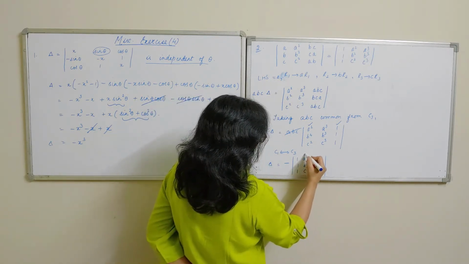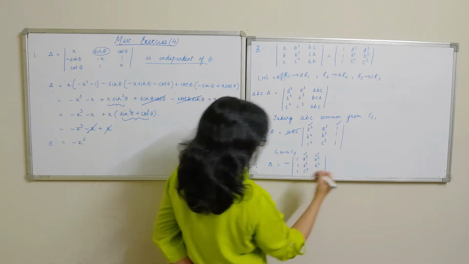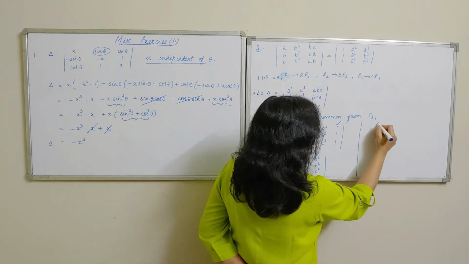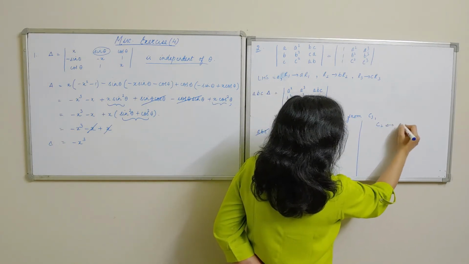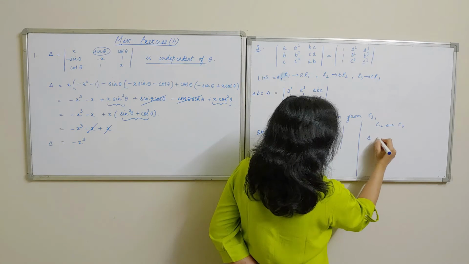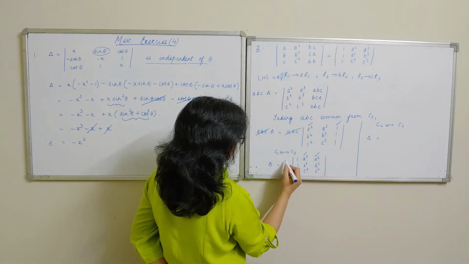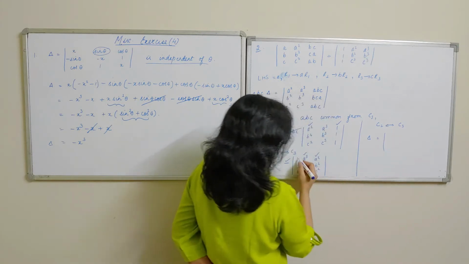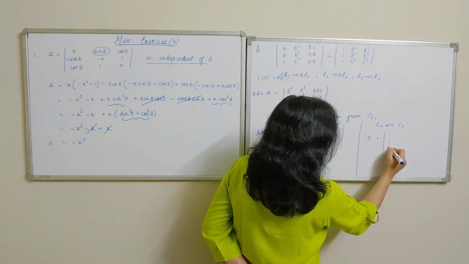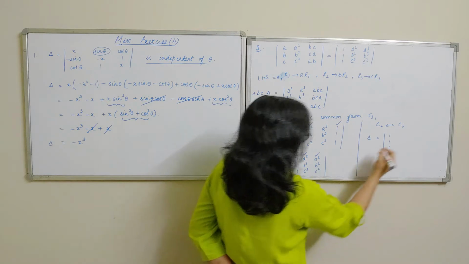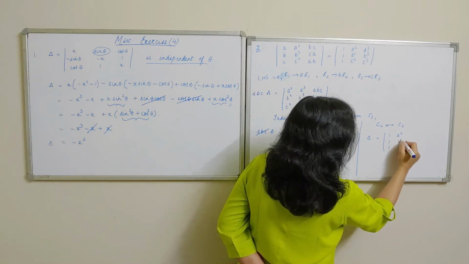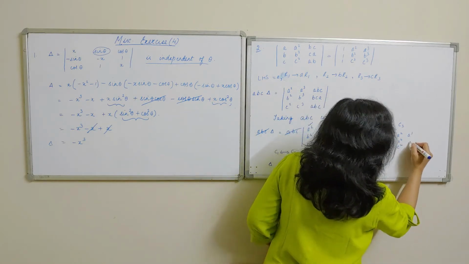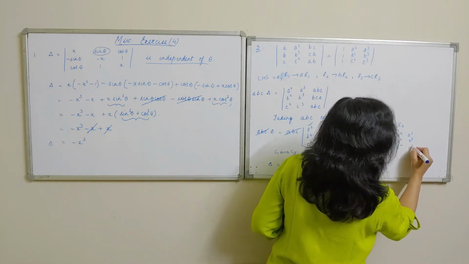Again, we can interchange these two columns. So in the next step, we are interchanging the second and the third column. When we interchange the column, the sign of the determinant will change. So it becomes positive. So here the first column remains the same, and the second column is now a square, b square, c square, and the third column a cube, b cube, c cube.